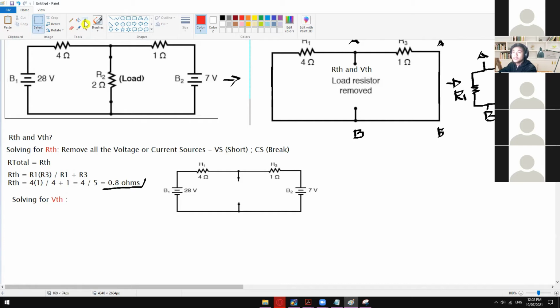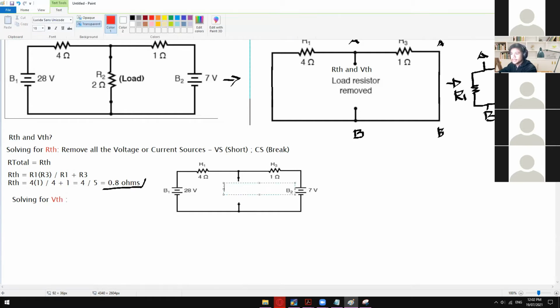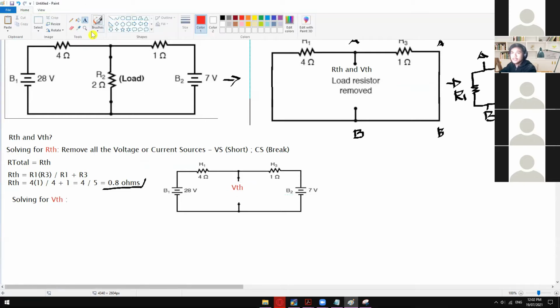This is now the part where we can find the VTH. Solving for the VTH is actually super simple, just using the knowledge that you've learned on how to analyze a circuit.